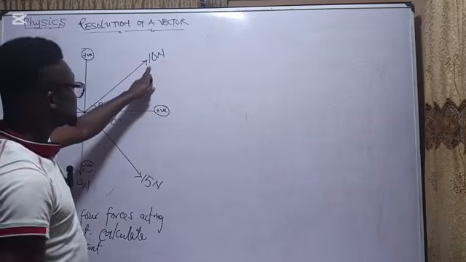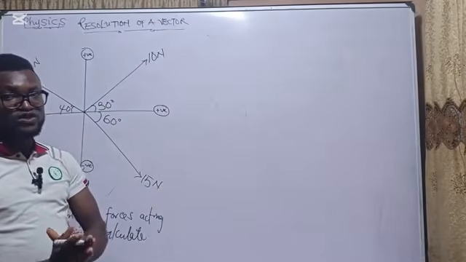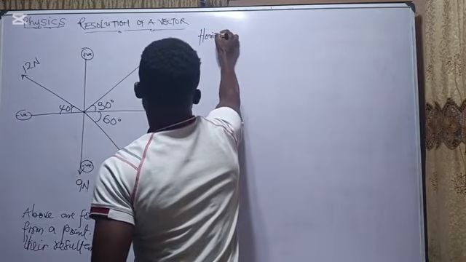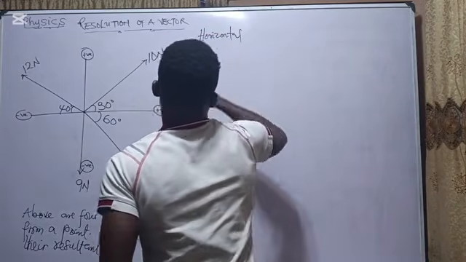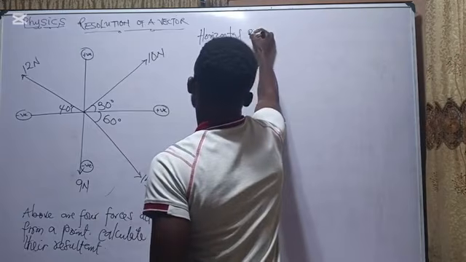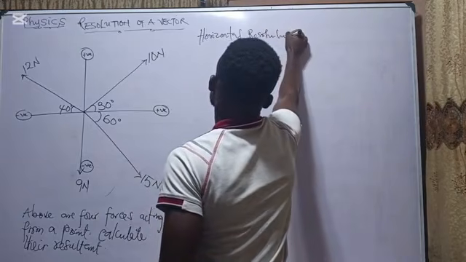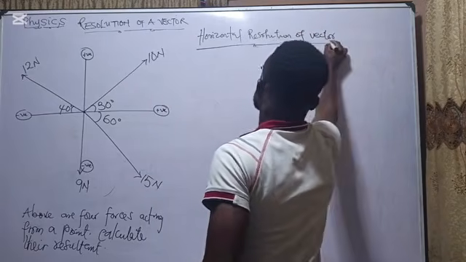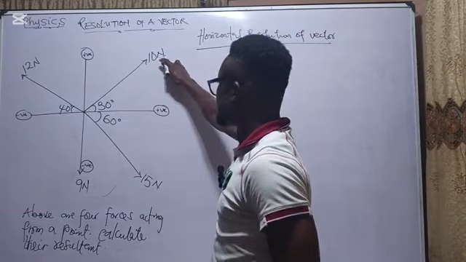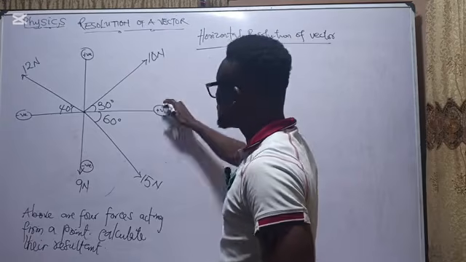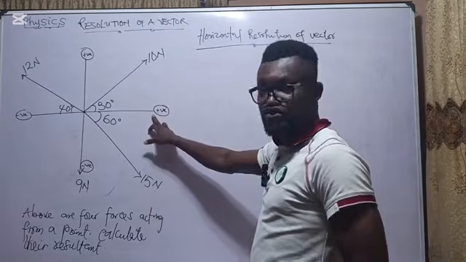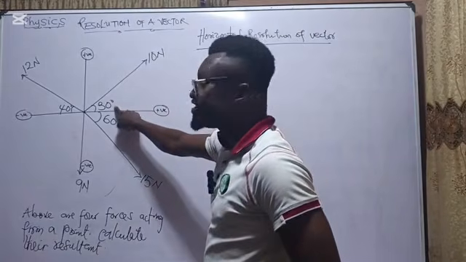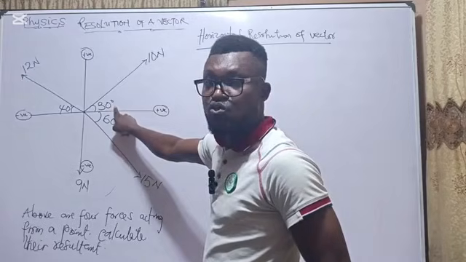Now, to resolve this, I'm going to resolve it first to the horizontal component. Horizontal resolution of vector. So we resolve 10 Newton to the horizontal. All the vectors, I'm going to resolve to the horizontal. Now 10 Newton, resolving it to the horizontal, there is an angle in between, hence we consider what?